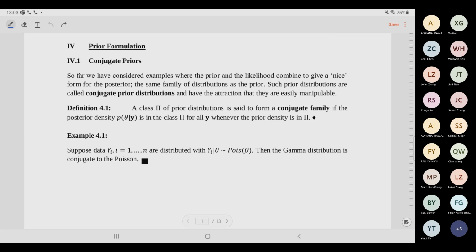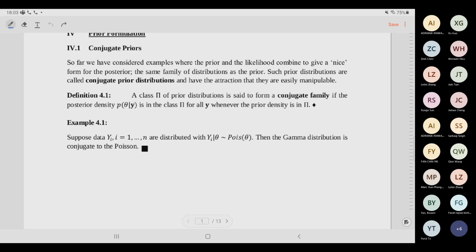The attraction is that they result in a posterior which is a known distribution. So when you have a conjugate prior distribution, the prior and the posterior will be from the same family.